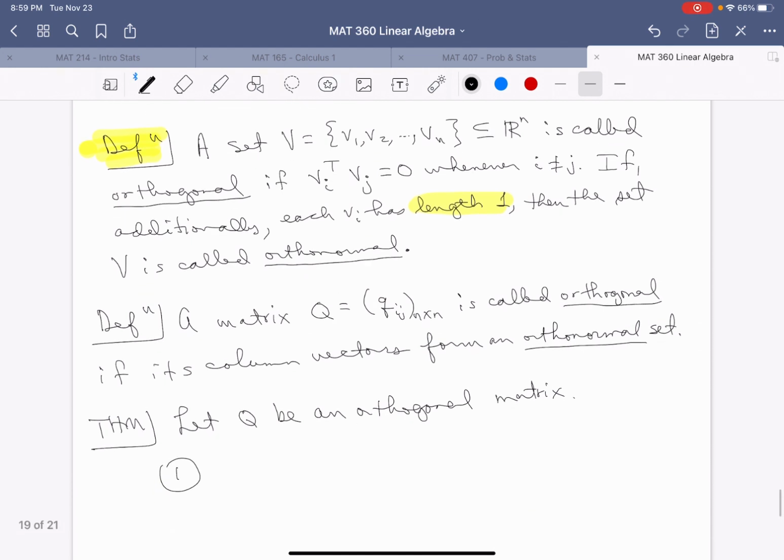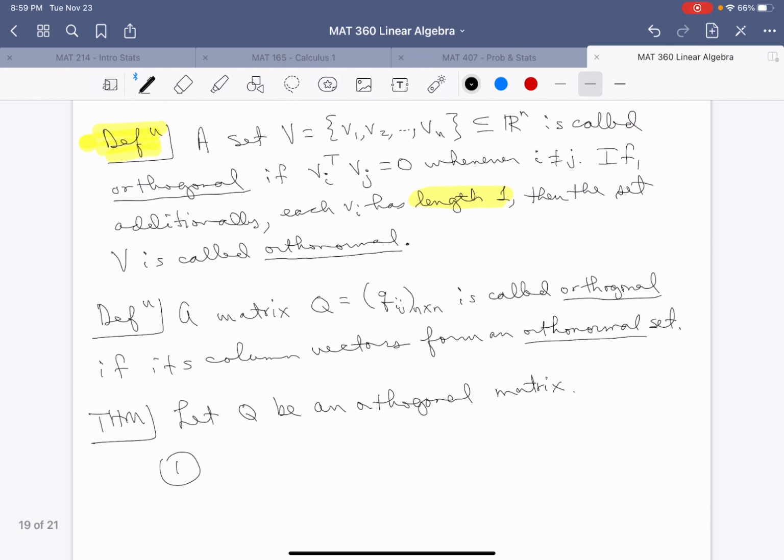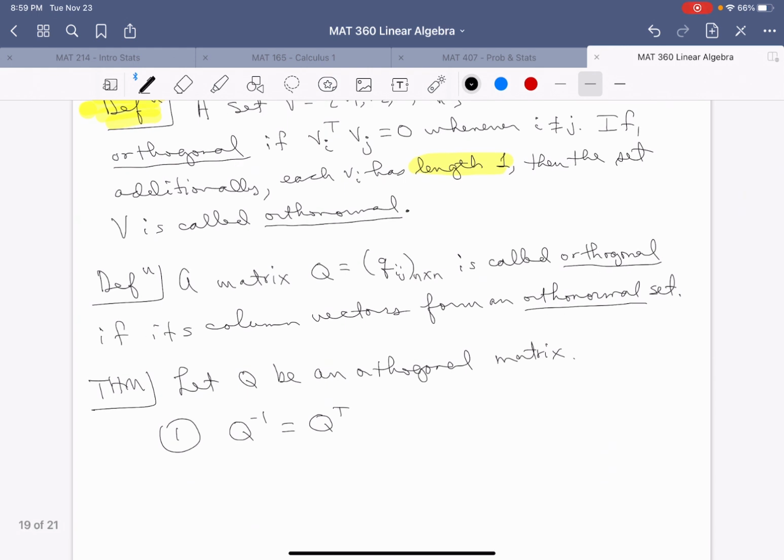One property that's pretty interesting here is that the inverse of an orthogonal matrix is its transpose. And so that's the first property.